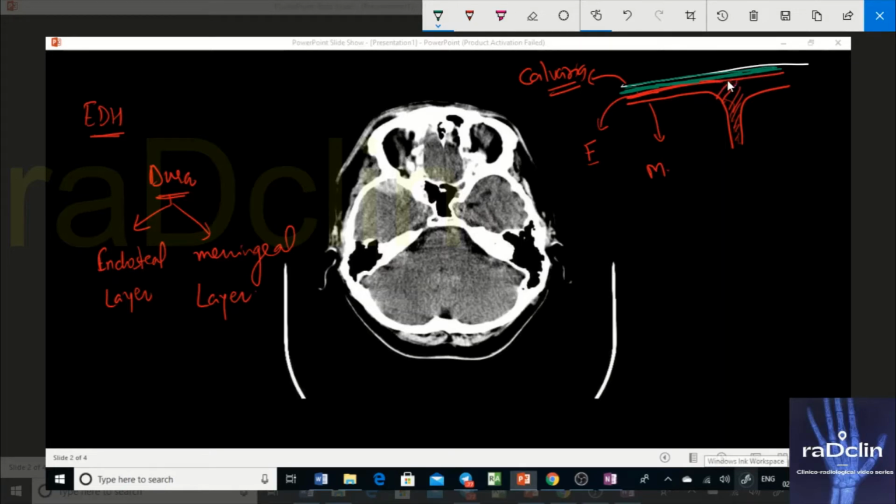Now an important point is that this endosteal layer is attached closely to the suture lines. So what happens?